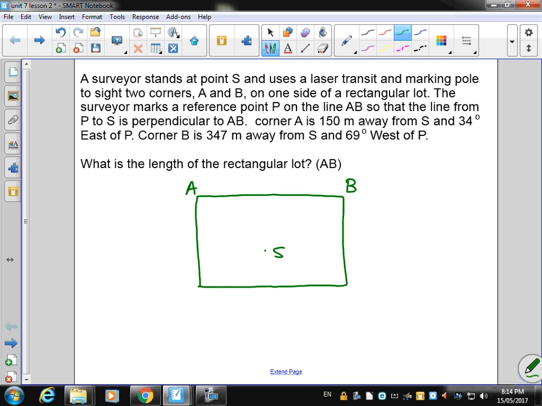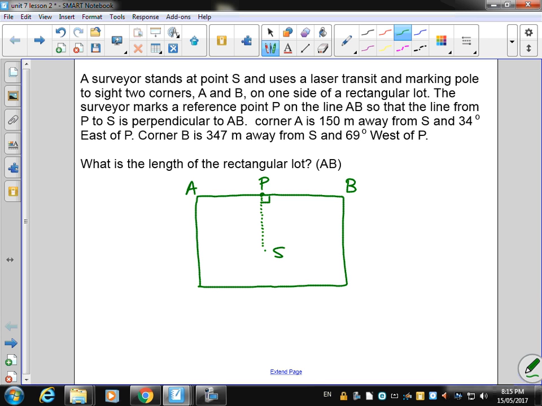The surveyor marks a reference point P on the line AB, so he finds P directly across from him, and he says that it is perpendicular to AB. So this line of sight that his eyes are looking at is perpendicular to that line.